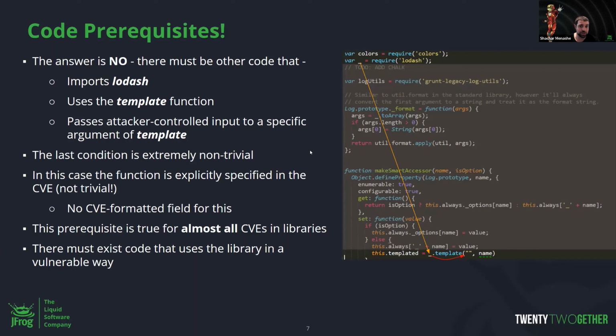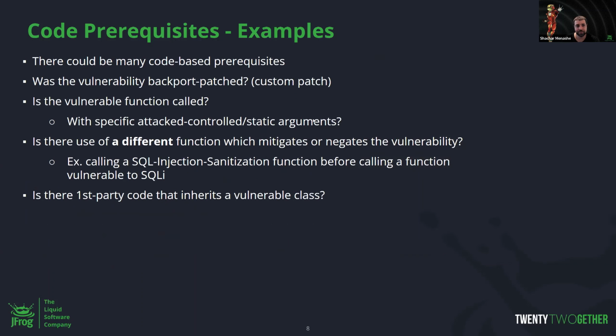You always have to use a specific function, and usually you also have to pass attacker-controlled data to it. So again, for library vulnerabilities, this will always be the case. You must have someone that uses the library, some other code, either first-party code or third-party.